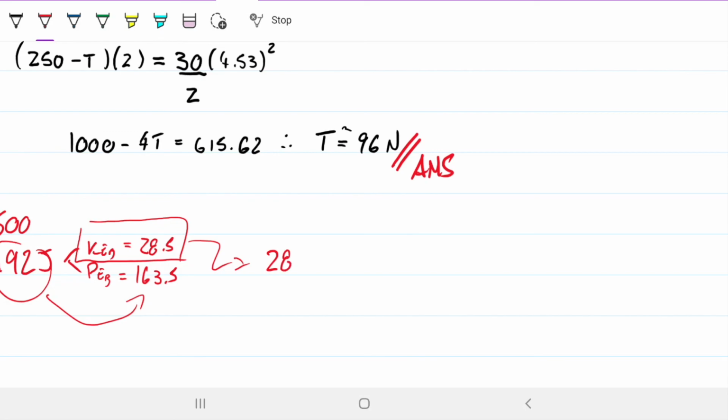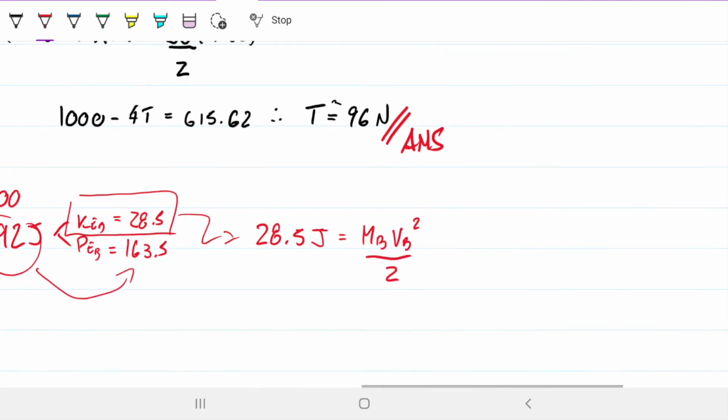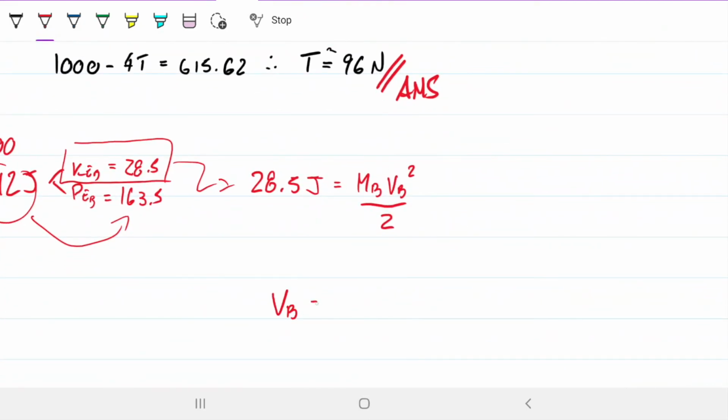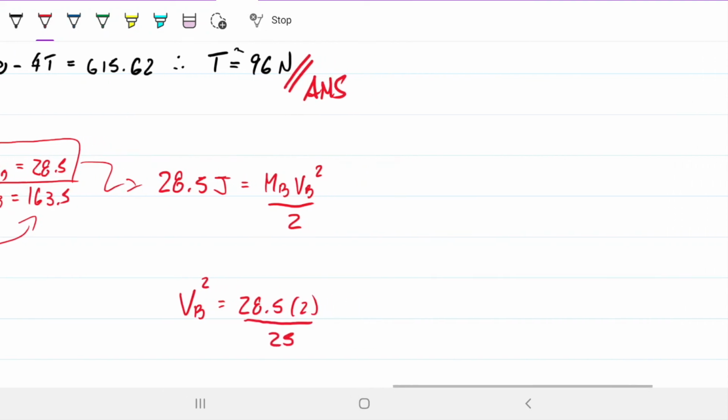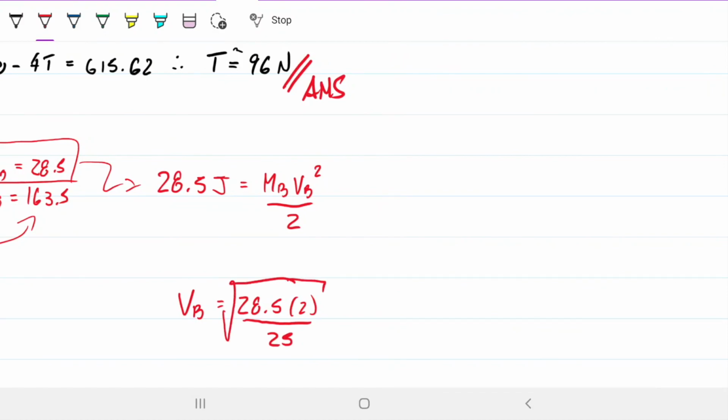The 28.5 joules is the energy used for the kinetic energy of B. So if I try to find VB again, doing 28.5 times 2 divided by 25 squared. Sorry, let's do this. Then I should get the 1.51 again. Cool, indeed I do. Okay, so positive and negative, we discard the one to the left.